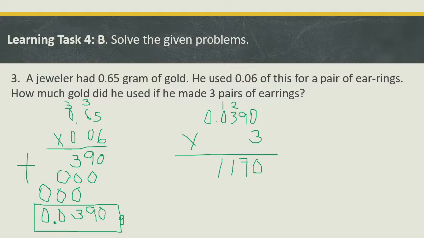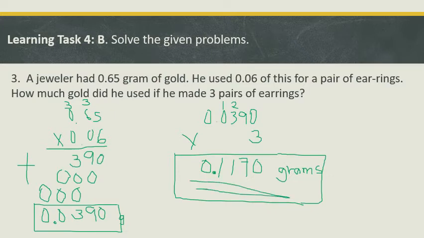And 3 times 0 is 0. Since siya ay may 4 decimal places, dito natin ilalagay ang ating decimal point. Ito po ang pinaka-answer natin. Gumagamit tayo ng 1,170 10,000 grams para sa 3 pairs of earrings.